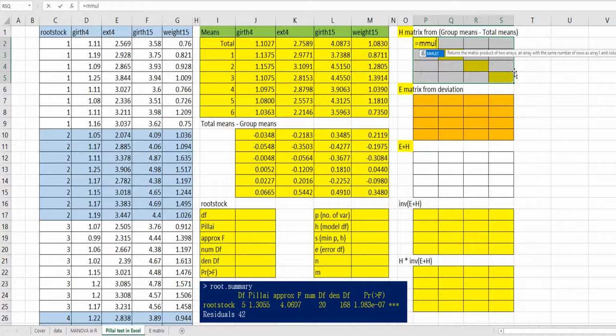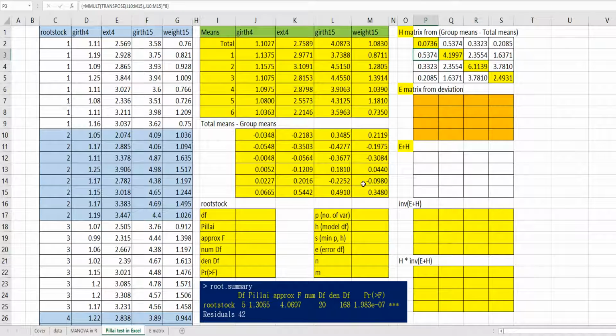Then MMULT of the transpose of this matrix, comma, and the same matrix, close the formula, times 8 because there are 8 observations, and press Ctrl Shift Enter. Right, this is the H matrix.